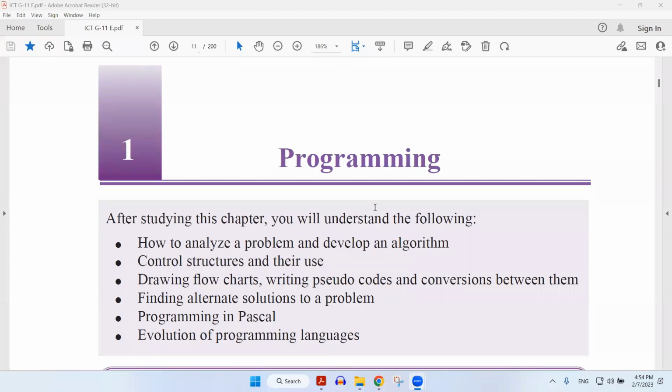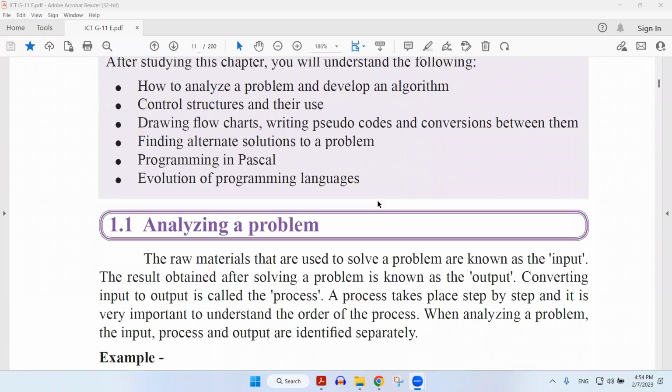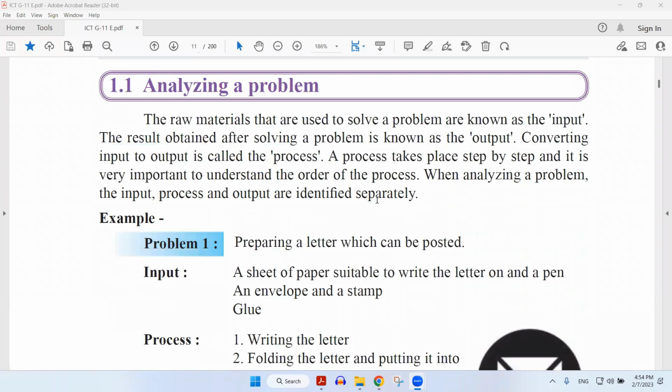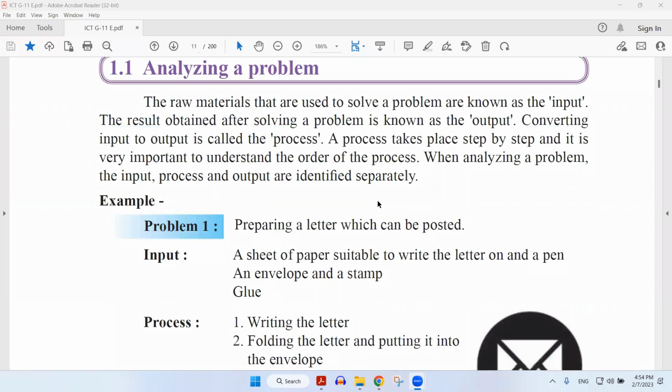Okay, now when it comes to the programming, we are going to learn about the programming language called Pascal. And before we learn about the programming, we have to learn about how we are going to analyze a particular problem, right? Because creating a program means that you are going to give a solution for a particular problem.